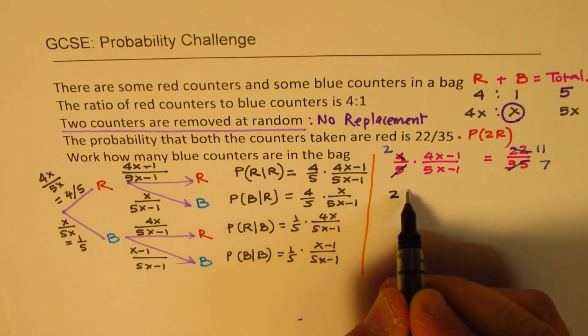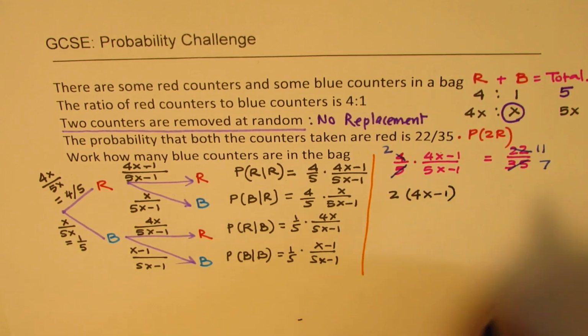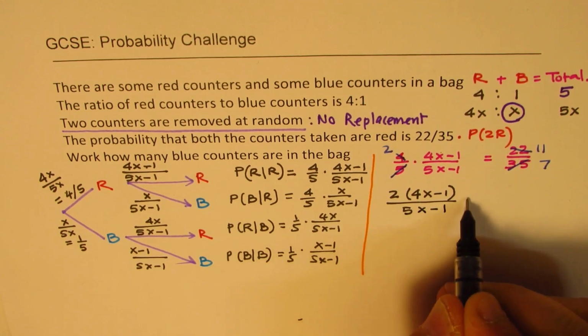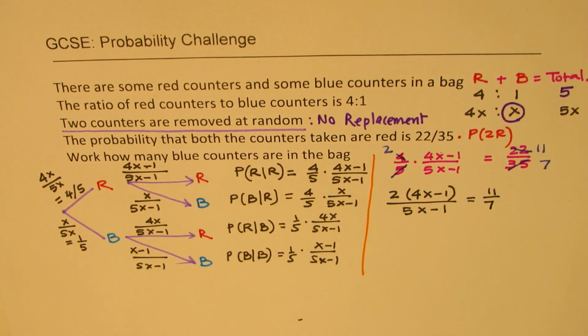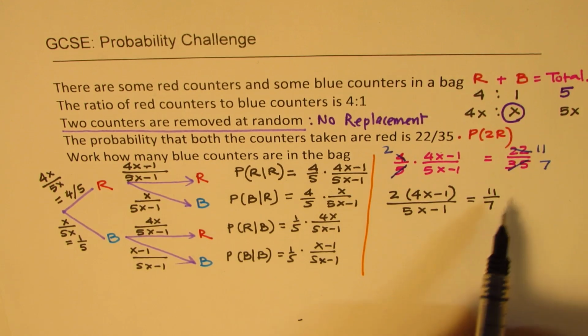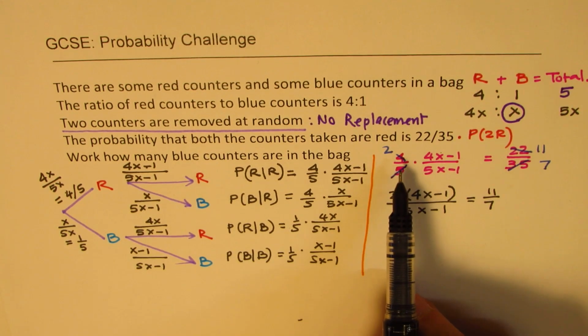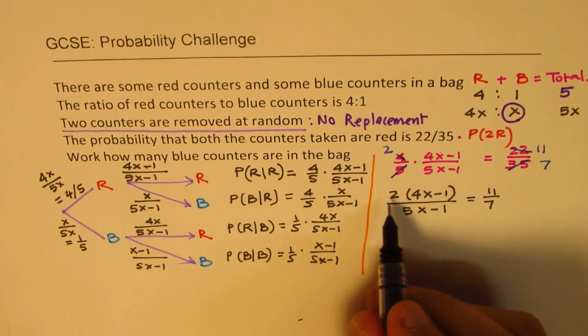So I can write this as 2 times 4x minus 1 over 5x minus 1 equals 11 over 7. Is that clear to you? Now we will cross multiply and simplify to get our result. It is always better to work with smaller numbers. I could have cross multiplied right there, but then we are working with very big numbers, correct? So let's cross multiply.